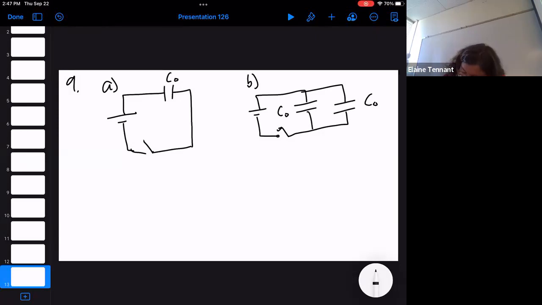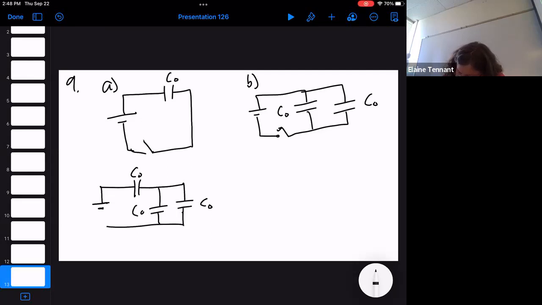Third configuration. I only have 4, right? Sweet. Third configuration: battery, 1 capacitor, 2 capacitors, and 3 capacitors, like so.